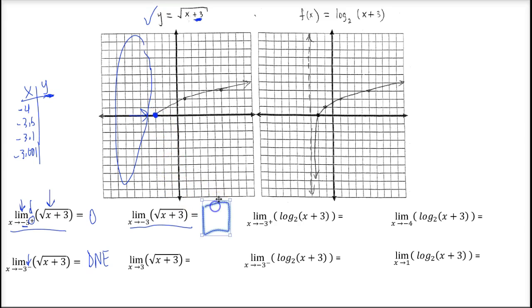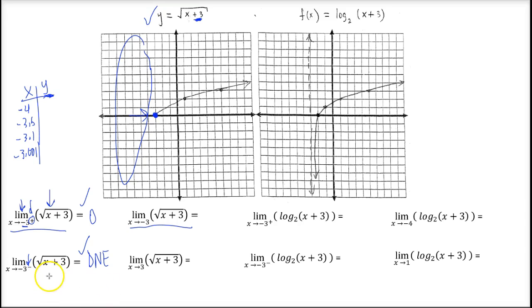Now, for this answer here, in order for the limit from both the left and the right side of this number to actually be able to be answered with a real number or plus or minus infinity, this and this have to be the same, meaning that the limit from the left has to be the same as the limit from the right.